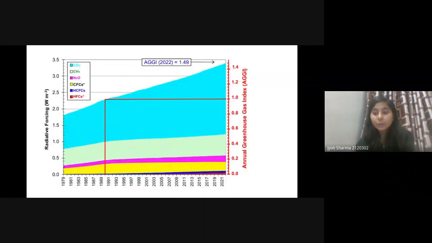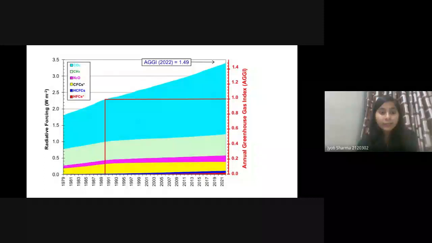Then, as I told you, another indicator was AGGI, the annual greenhouse gas index. That can also be calculated from the radiative forcing. For example, as you can see, in 1990 the radiative forcing was near 2.2, right? And then in 2022, that radiative forcing is approximately 3.3 something.